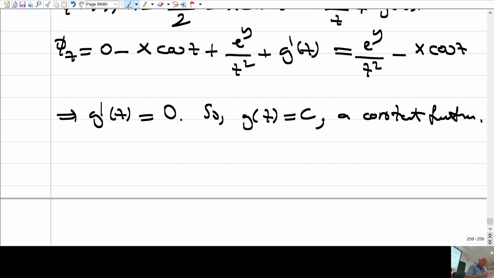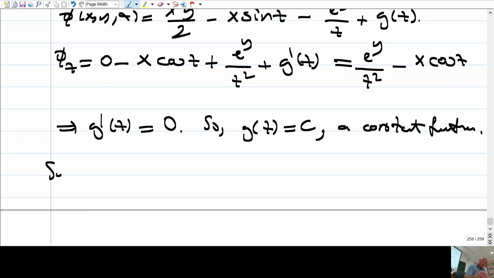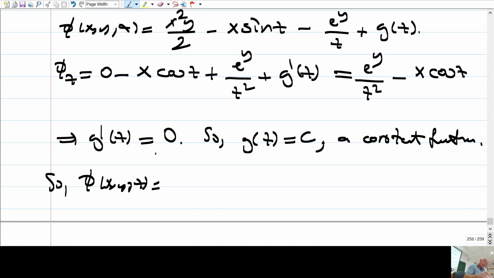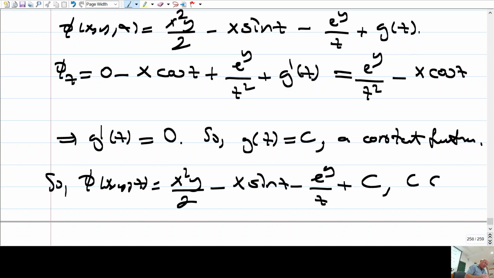O halde phi'yi bulduk. So what is phi(x, y, z)? X kare y bölü 2 eksi x çarpı sinüs z eksi e üzeri y bölü z artı c. C nedir? Any real number. So we have not only one potential actually, we have many potentials.